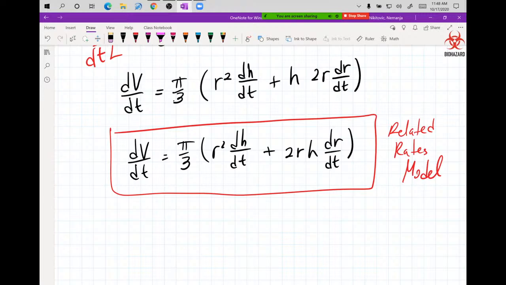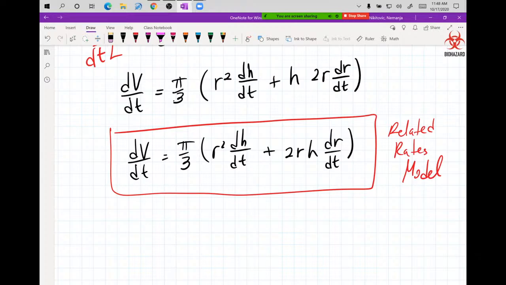Okay, so now usually for the cone problems you have another piece of information, which is the relation between the height and the radius. So they might say that height grows twice as fast as radius, or something like that, right?